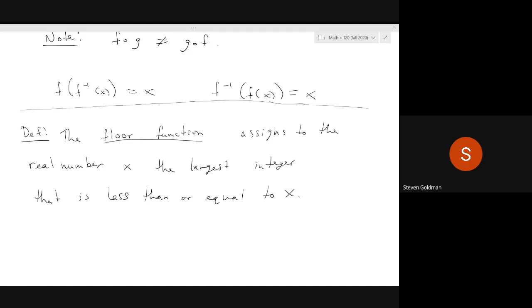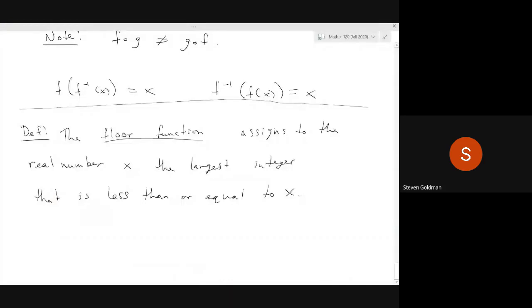Somebody had a question about inverse functions. Let me define this and then I'll go back and explain that again. Okay. And so the floor function assigns to the real number x the largest integer that is less than or equal to x. Okay. And it's denoted by this symbol here, like that.